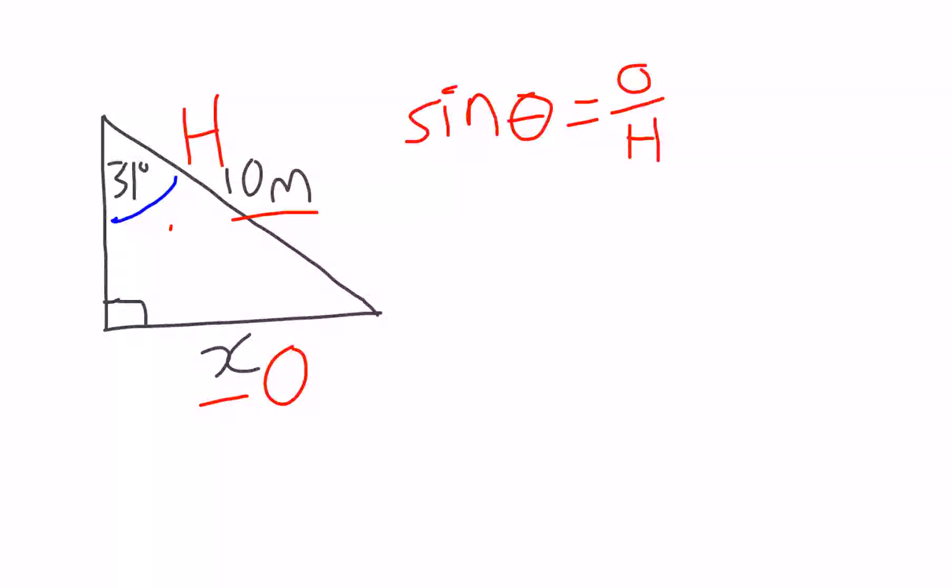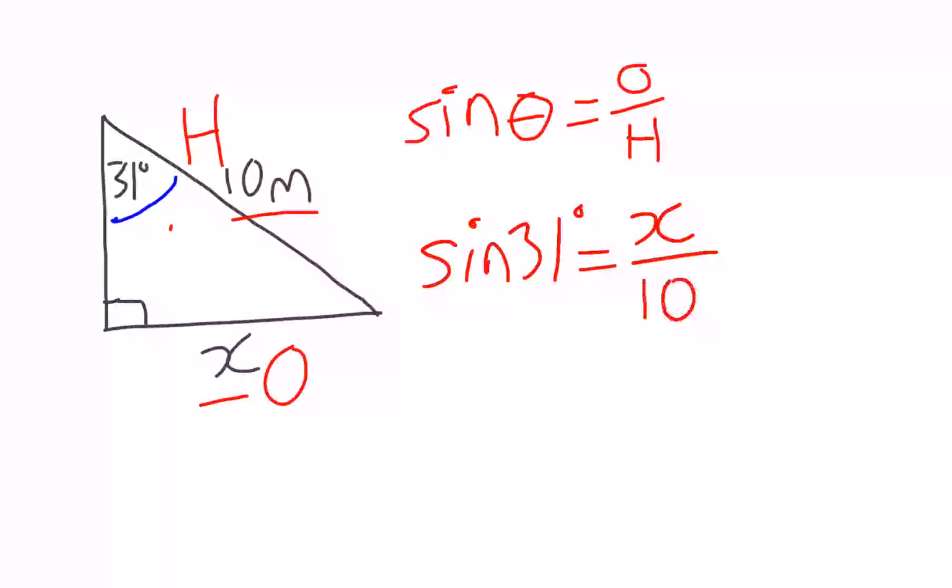Sine of the angle, well, the angle is 31 degrees. Sine of 31 degrees equals, the opposite is x, I'll substitute x, and the hypotenuse is 10. So sine of 31 degrees equals x over 10.